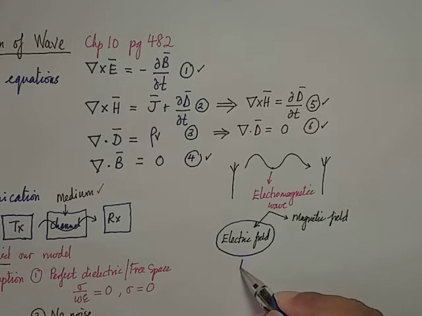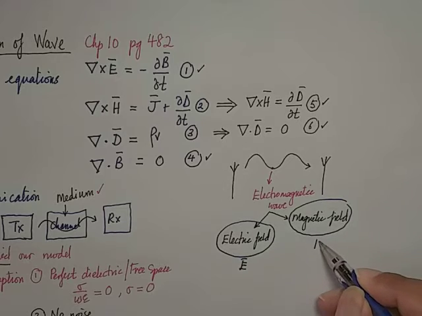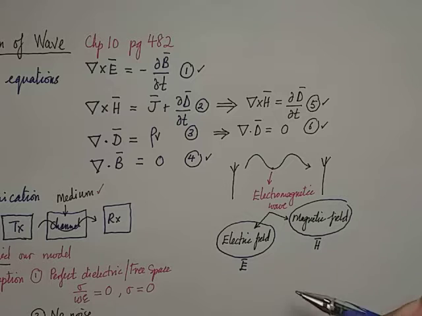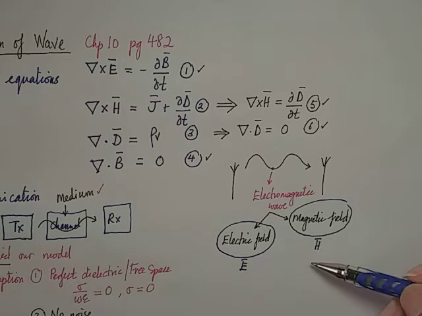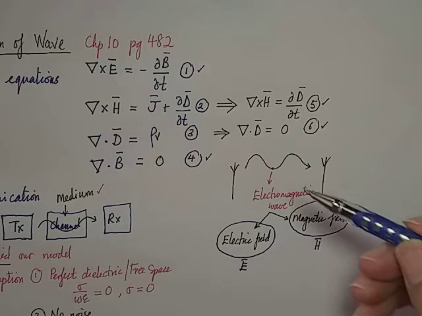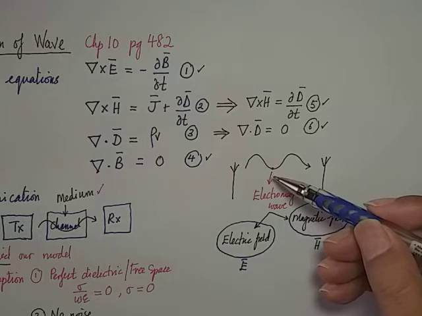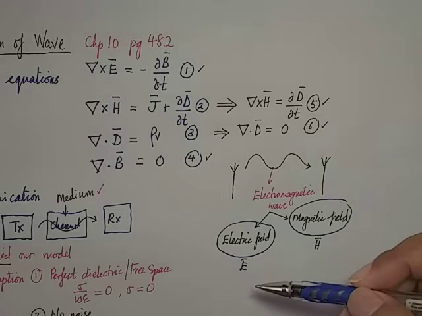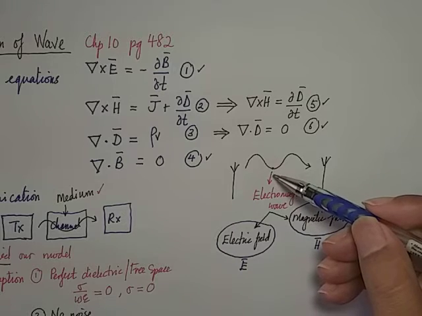We're going to call this our electric field, and then we're also going to develop our magnetic field. So what we're going to have at the end of this discussion are equations representing E as well as H that are propagating in this medium. That should be our objective here, to develop equations of field that we can use to represent the model of E and H in these particular conditions.